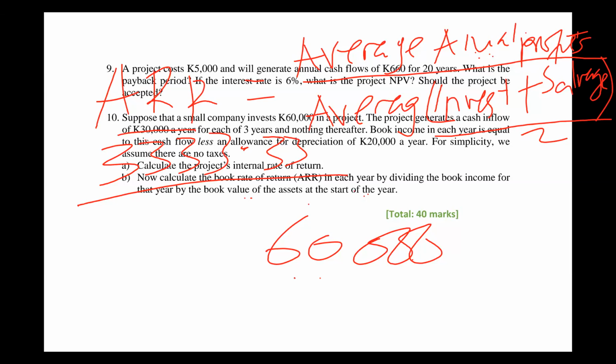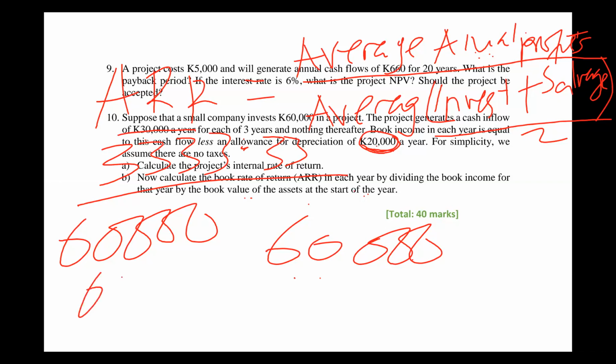Have you followed that? Because the cost of the investment was 60,000, right? And each year it was losing what? 20,000. Are you following? So 20,000 times 3 years is giving us 60,000, isn't it?